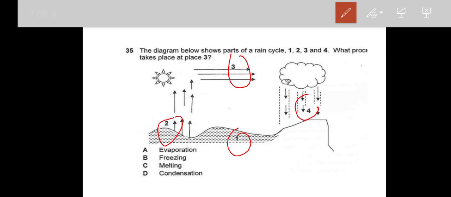We said it is evaporation. Then that evaporation has to condense, where now the gas changes from gas to liquid. That is what is known as rain now. So the formation of rain here.